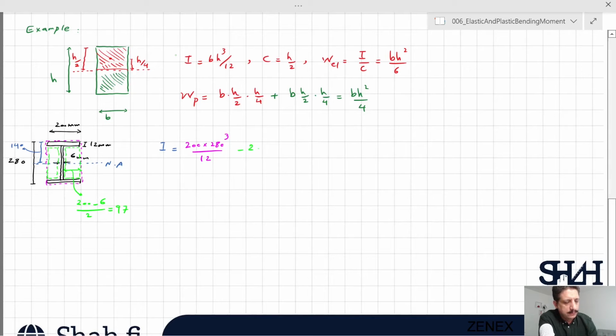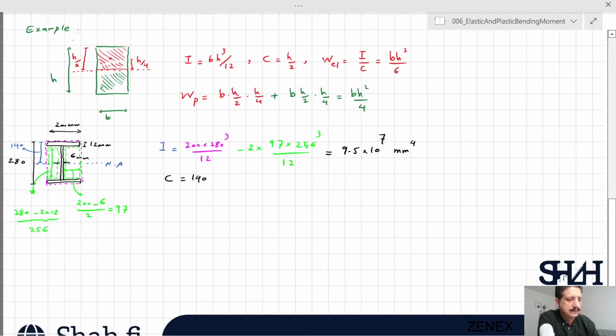So 2 times 97 times, and the height will be 280 minus 2 times 12, 256 millimeter. 9.5 times 10 power 7 millimeter power 4.